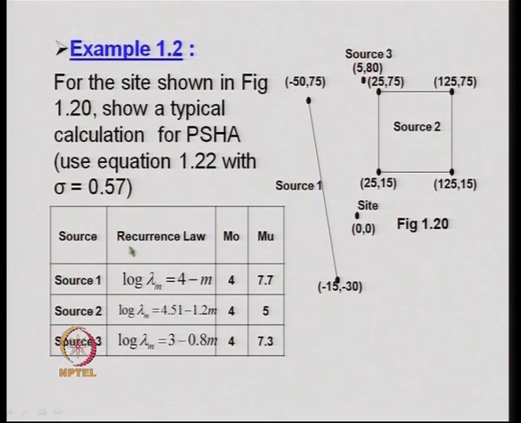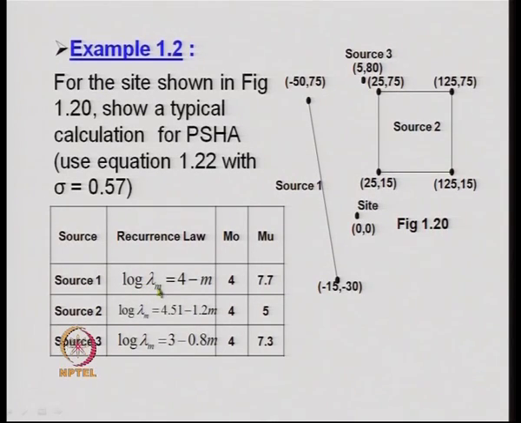The recurrence law of Gutenberg, which gives the average rate of exceedance of a certain magnitude of earthquake, is given by this, and mind you, this log is of base 10.